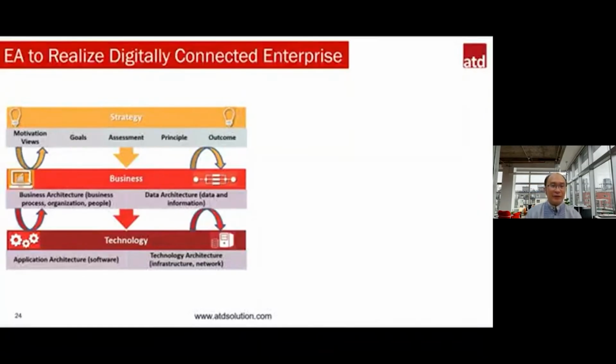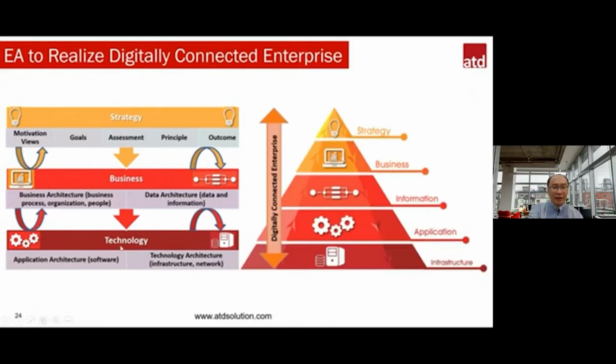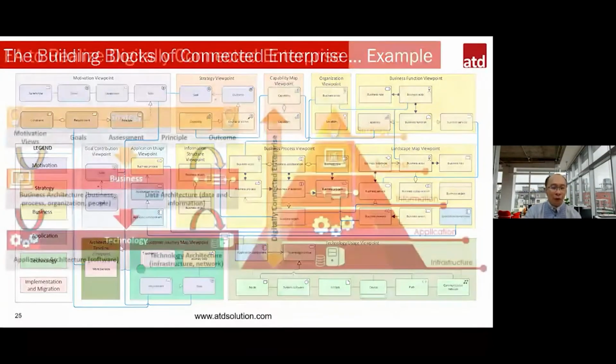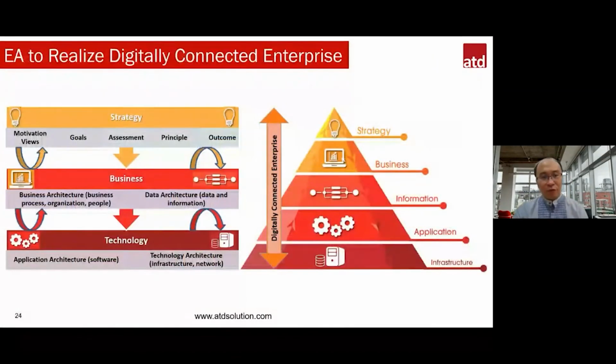If not, then this is the opportunity for us to transform. Then the next one, of course, is the data. We want to make sure the data is ready and provides a tool for strategic decision making. Then the next part is the technology, where we want to make sure that our infrastructure and network can support the business and motivation.